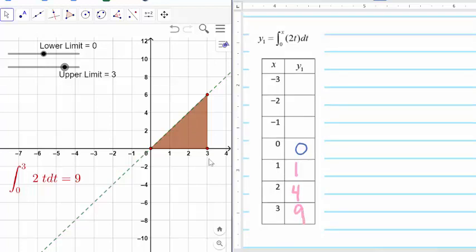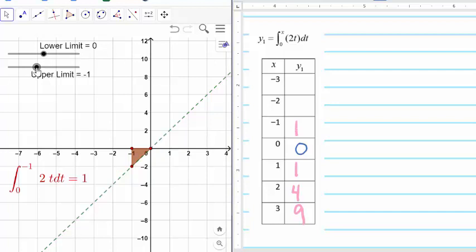Now there is some symmetry with this graph over the origin, so we should see some of that reflected in the data. Once again, I'm back at 0 here, so if I go 0 to -1, while the area was negative below the x-axis, because we're traveling from right to left, we're taking away that negative area. So the opposite of a negative is a positive.